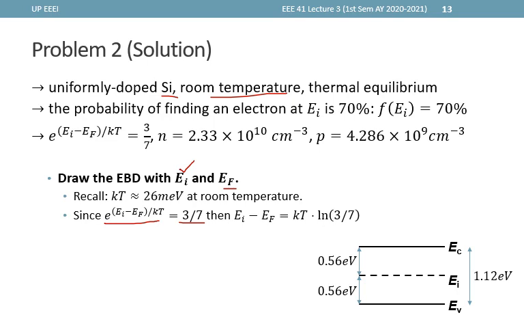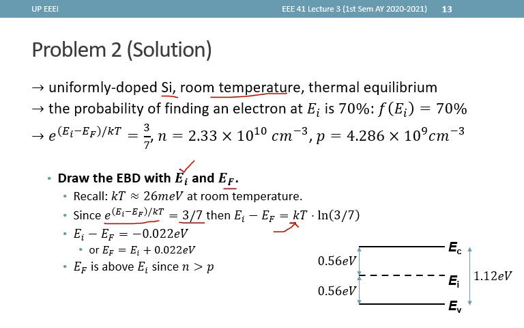So kT is moved from this point to this point, and then we'll multiply that with ln of 3 over 7, but kT is 0.026 electron volts, and with that value we can compute EI minus EF is equal to negative 0.022 electron volts. Now since EI minus EF is negative, then that would mean that EF is actually above EI, or EF is equal to EI plus 0.022 electron volts.